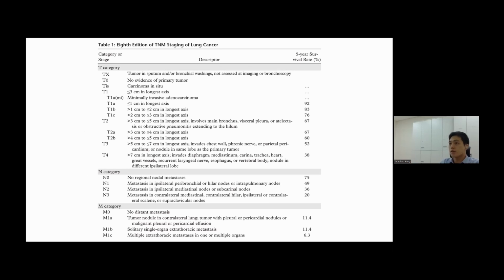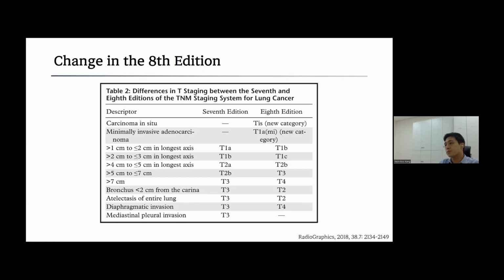Regarding the staging, as you all know, lung cancer staging is usually based on AJCC 8th edition TNM staging. There were several major changes in T staging in the 8th edition AJCC in comparison with the 7th edition.